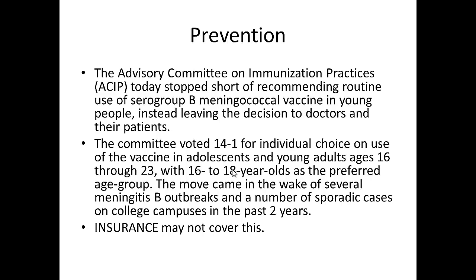Now, the advisory committee does recommend that everybody get the meningitis vaccine. And now there's a new meningitis B vaccine, which they are recommending. This is a vaccine that you take as a series of 3 shots. And the reason for this is because a recent outbreak in Princeton was shown to be from Neisseria meningitidis B that was not covered in the original vaccine.